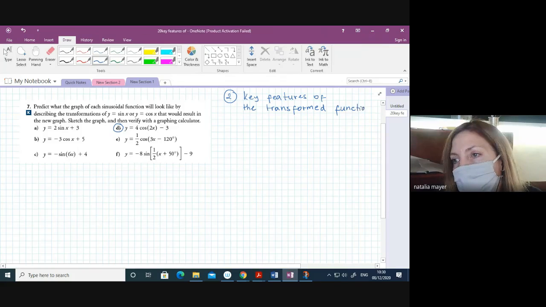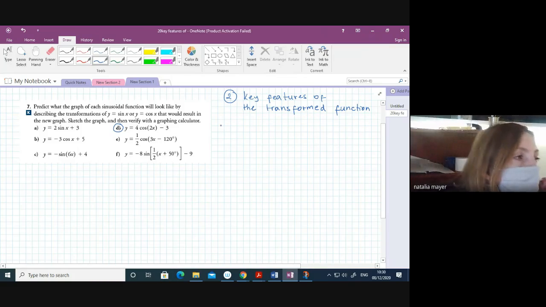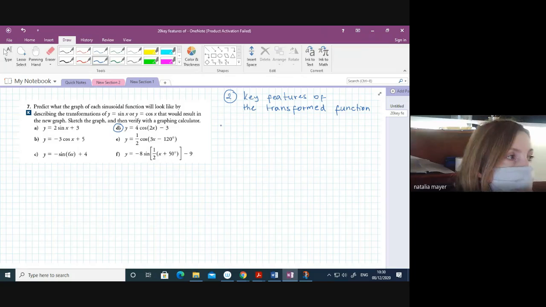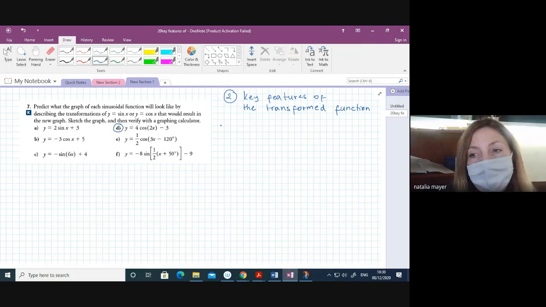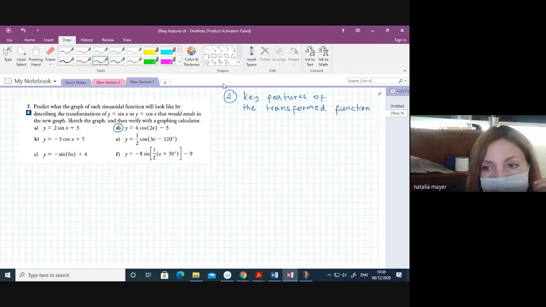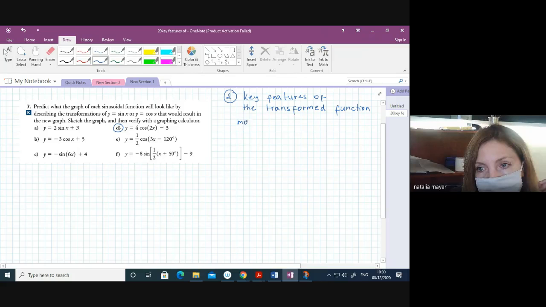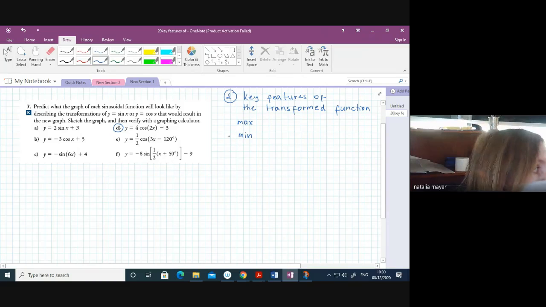I have a question about key features of the transformed function. What do you remember? You want the key features? Yeah, the main characteristics: y-intercept, maximum, minimum. What else?